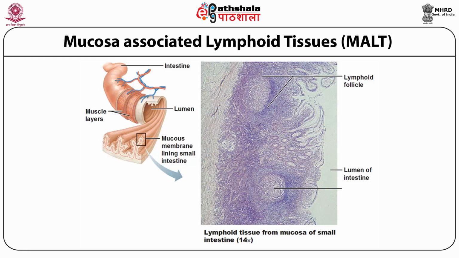Mucosa associated lymphoid tissue is an unencapsulated lymphoid organ. Greater than 50% of the lymphoid tissue in the human body is a part of MALT, and that shows the importance of the MALT in the overall scheme of immune responses.